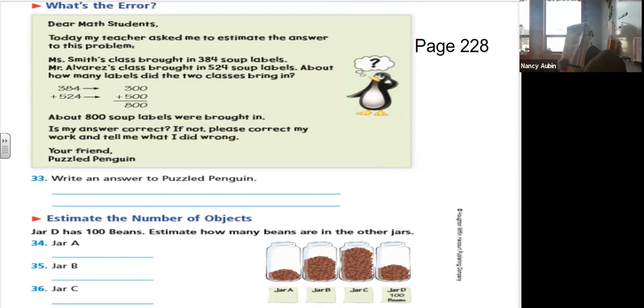Make sure you fix his work. Don't just say, no, you're wrong. You need to tell why he's wrong and correct his work and give the right answer. When you have all that done, you can turn it in.